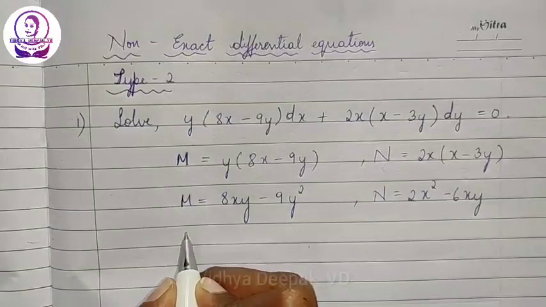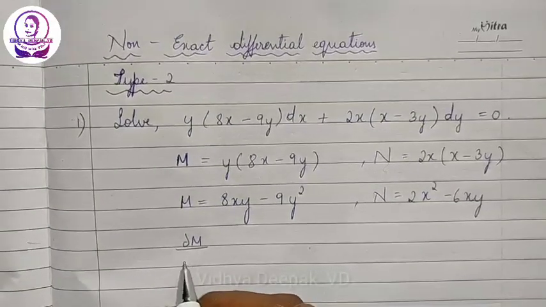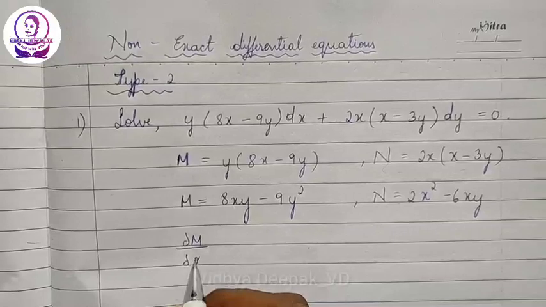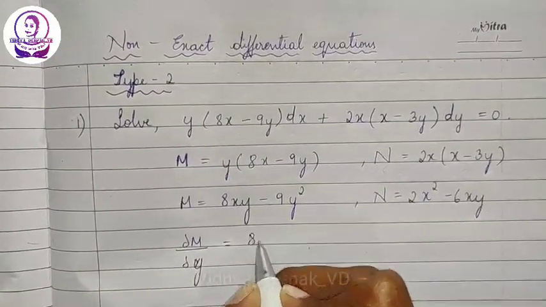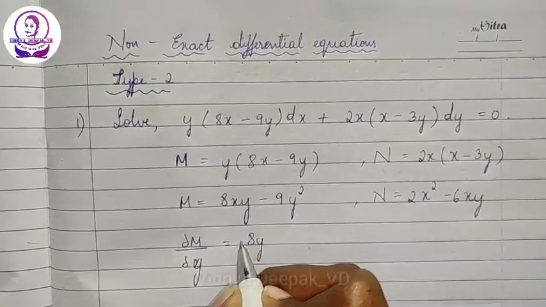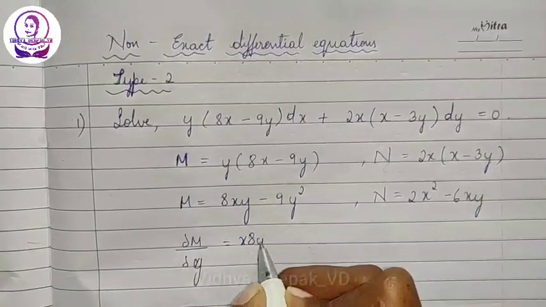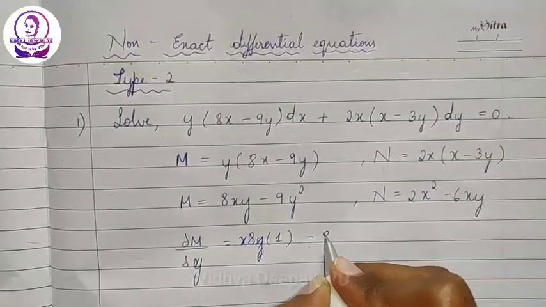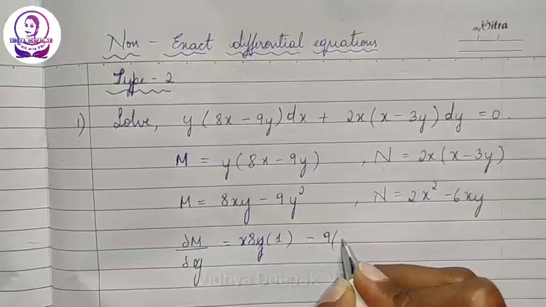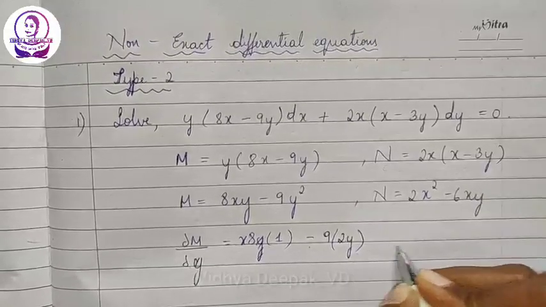Now we'll find ∂M/∂y. Here x is constant, so 8x is constant. The differentiation of y with respect to y is 1, and the differentiation of y² is 2y.